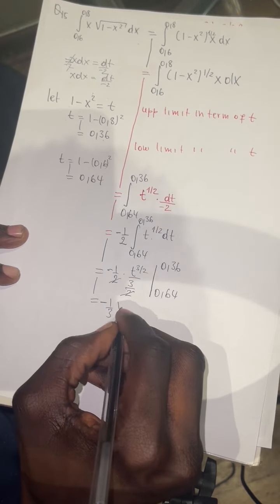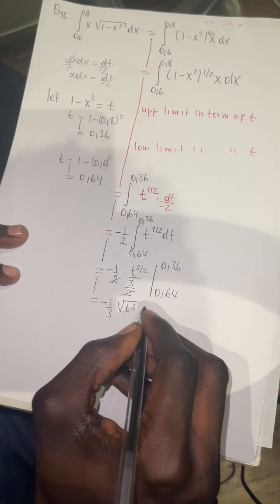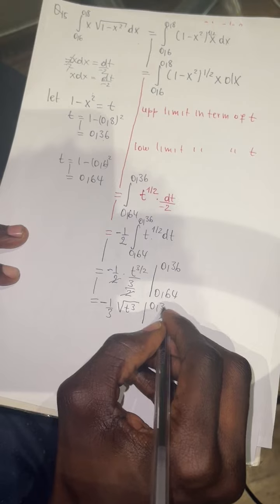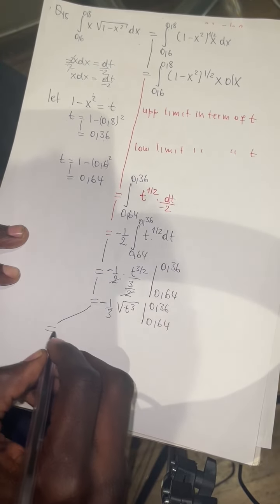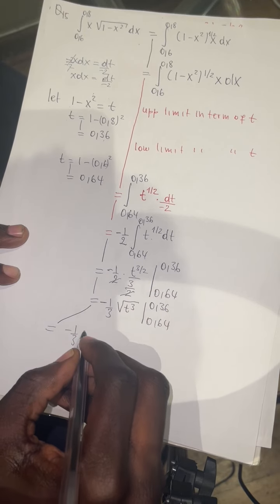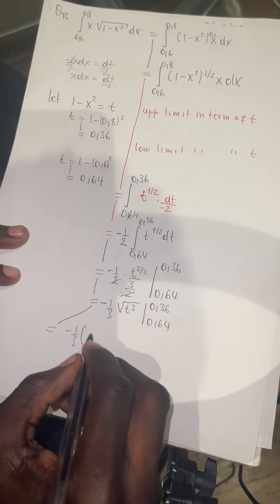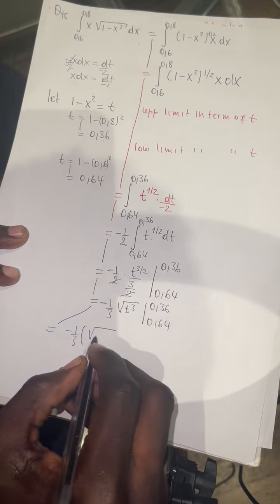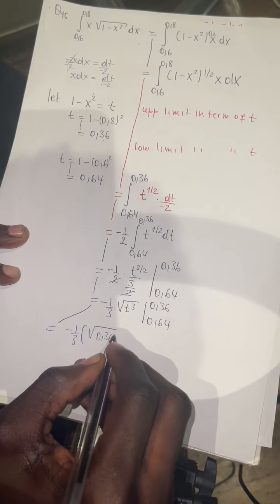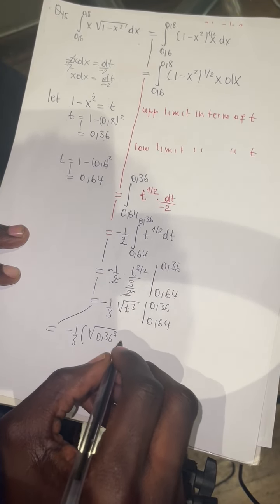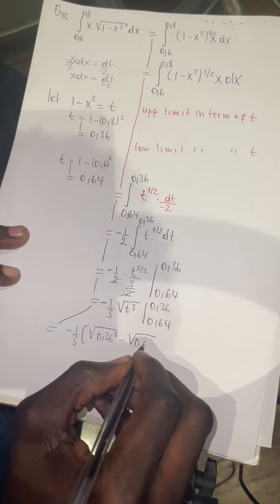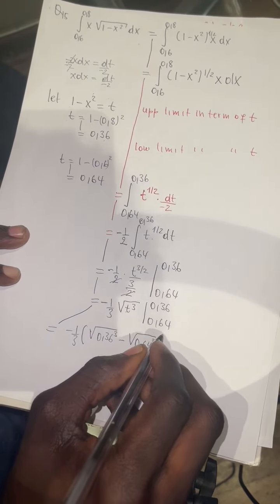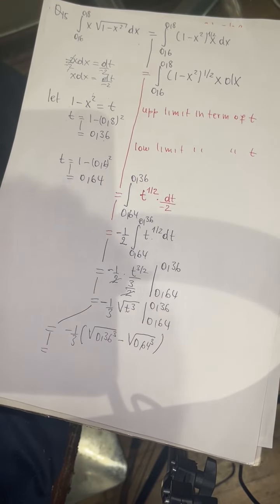And then this can also be written like t to the power 3 over 2. The limit is 0.36, 0.64. So now this can be minus 1 over 3. So we're going to open the bracket, square root of t, we're going to have 0.36 to the power what? To the power 3, minus the square root of 0.64 to the power 3. And we close. So let's see what we're going to find.